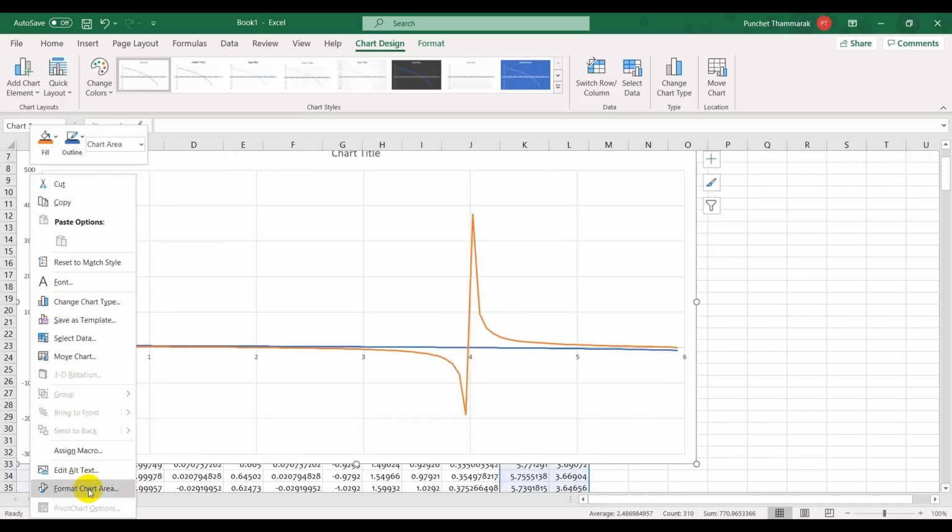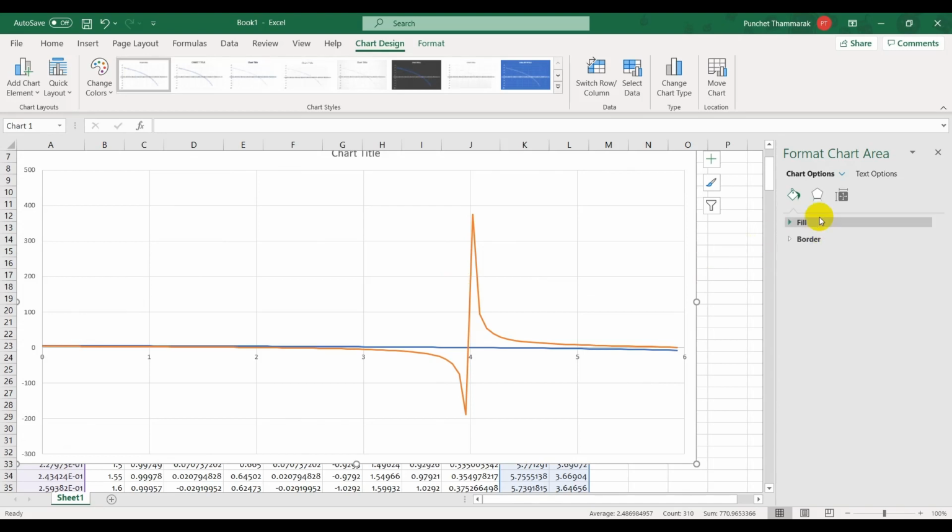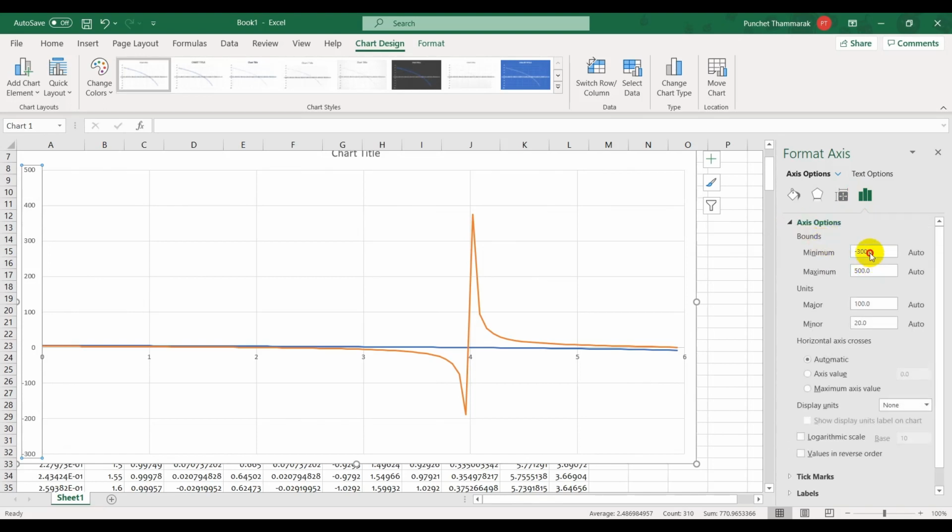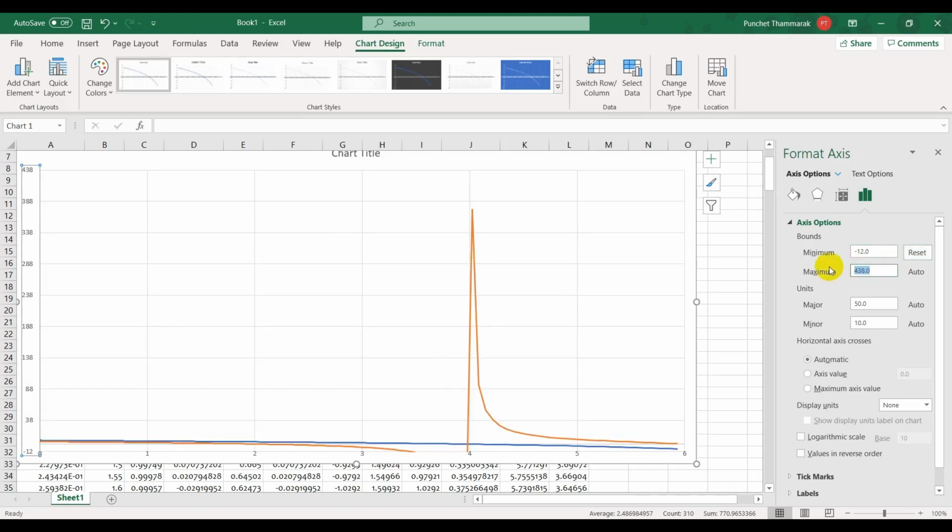Let's format this again. The axis extent is too much. Minus 6, minus, okay, 12 and 12.